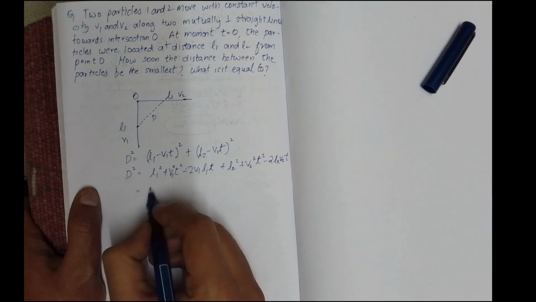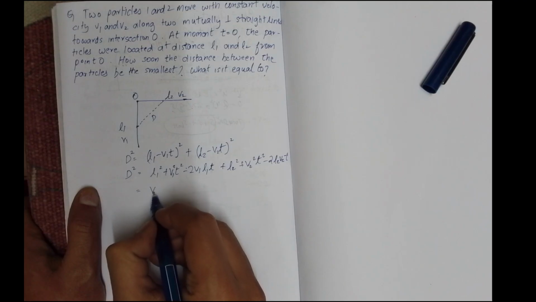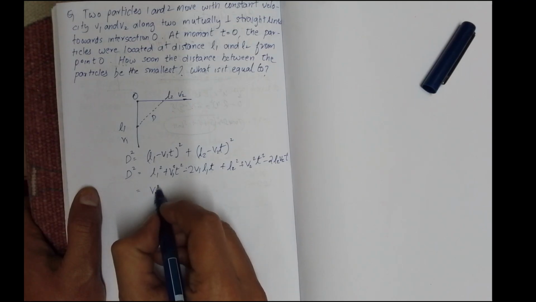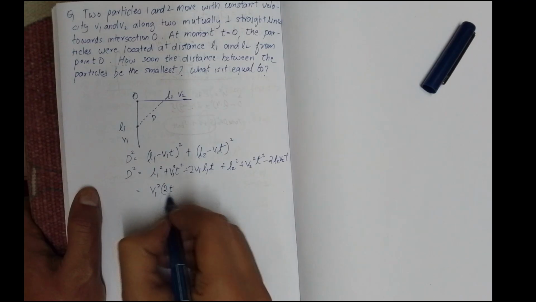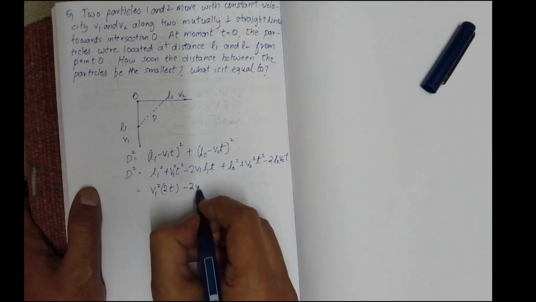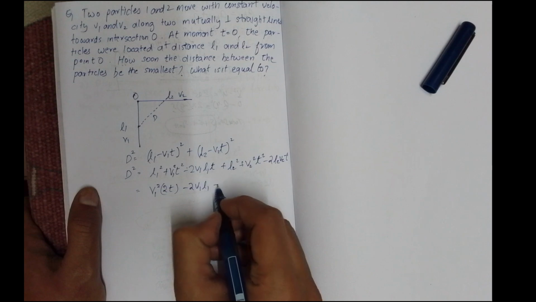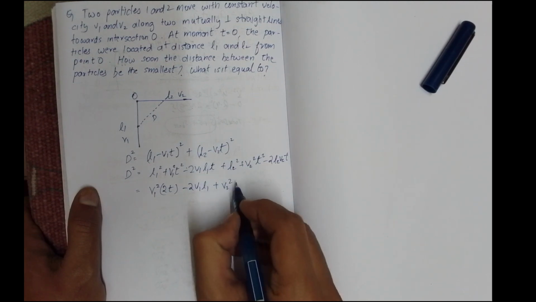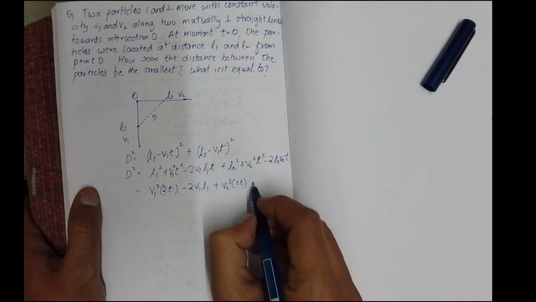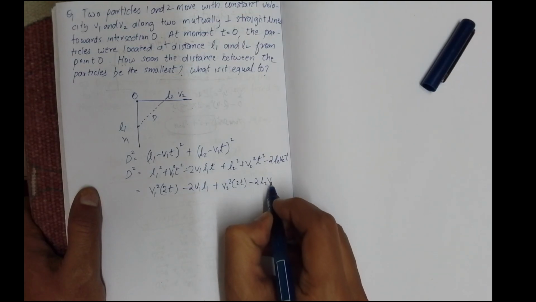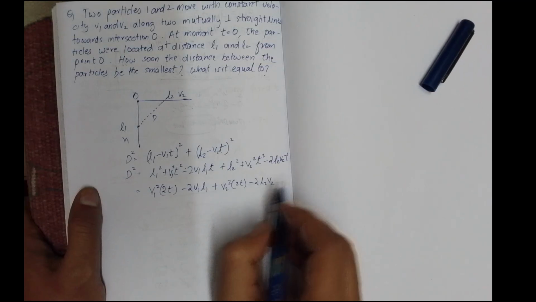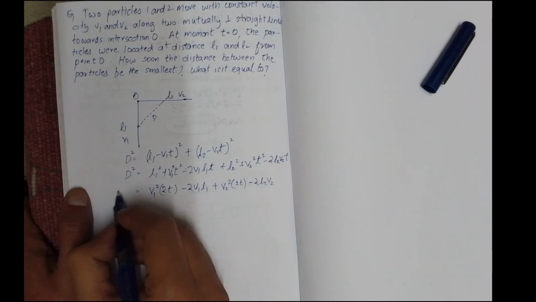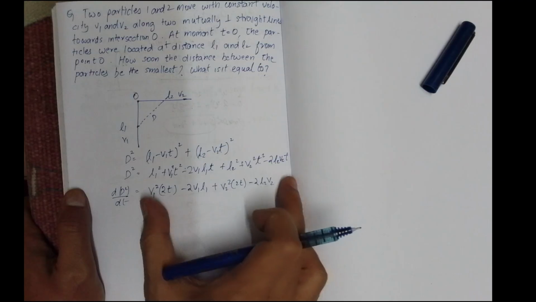So this is 0, this is v1 square into 2t minus 2 v1 L1, plus 0, v2 square into 2t minus 2 L2 v2. This is the differentiated expression. Equate this to 0.